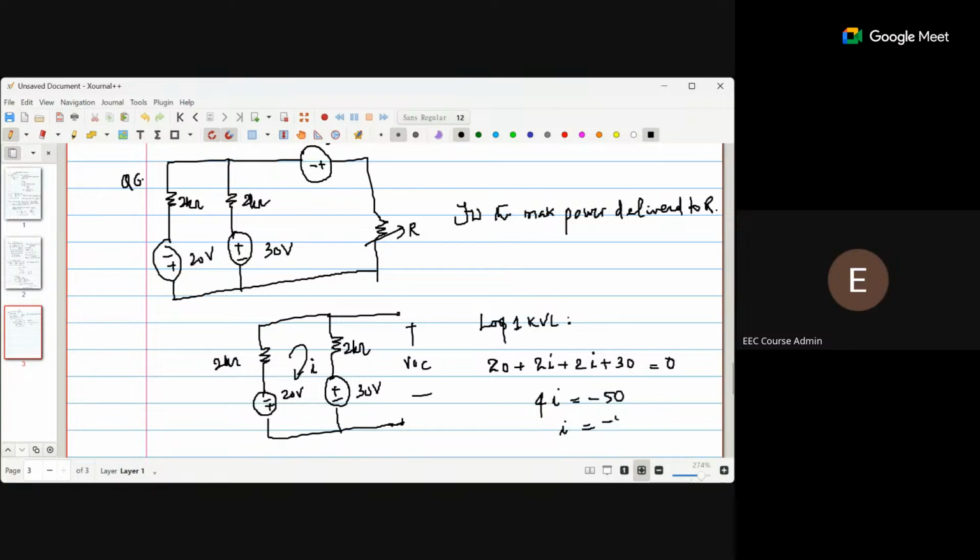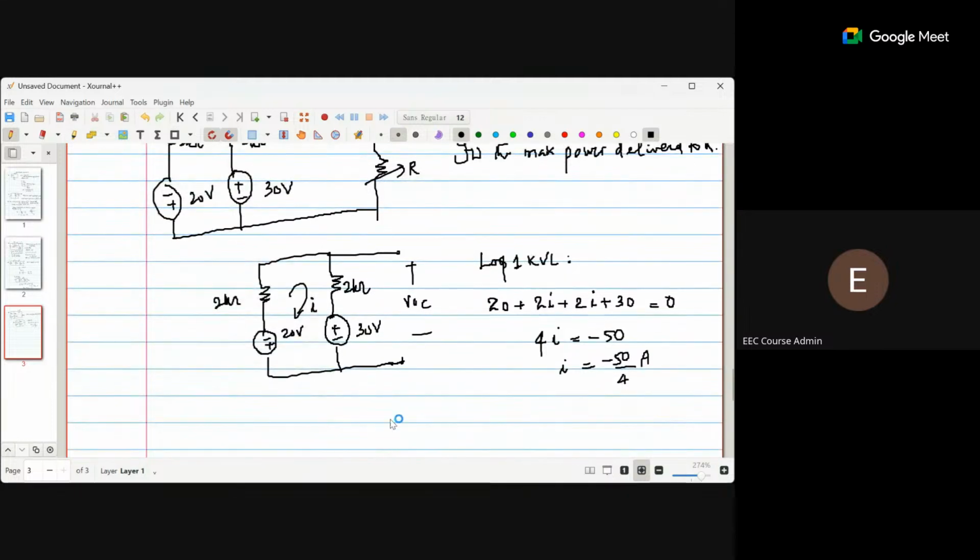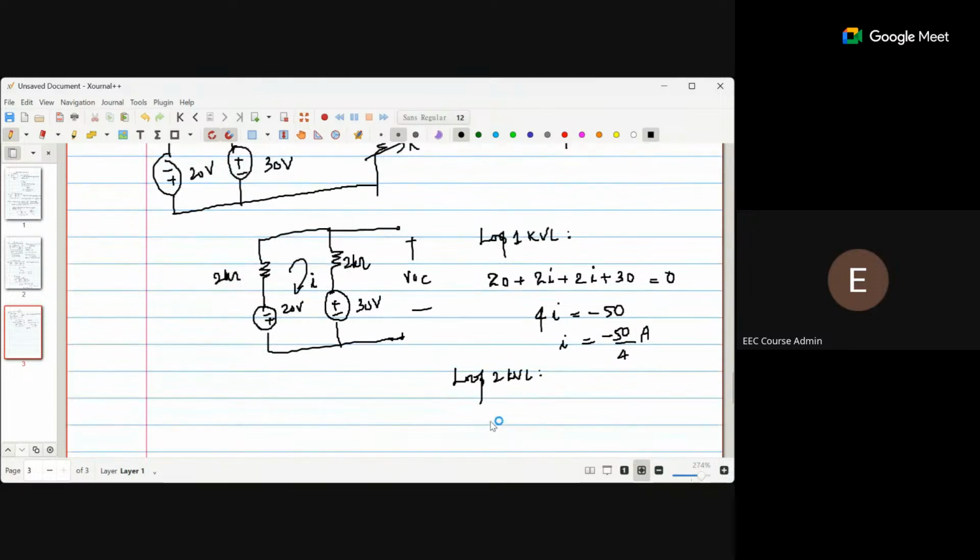So i is minus 50 by 4 amps. Then loop 2: minus 30 plus 2 into minus 50 by 4, so it is minus 2 into this minus 50 by 4, so plus 2 into 50 by 4.